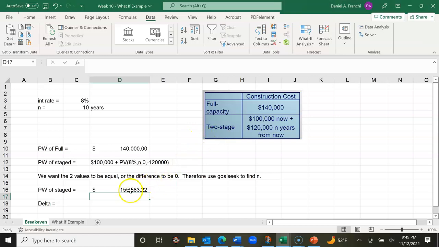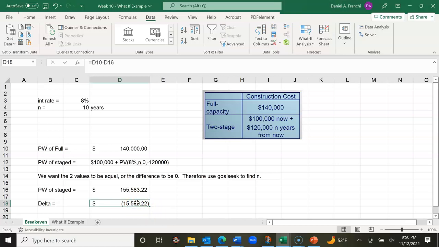So if our life was 10 years, we would be spending a present amount of $155,000 in two-stage construction. We want it to be $140,000, so we need to take this difference. We have a difference of $15,500, and we want this difference to be 0.